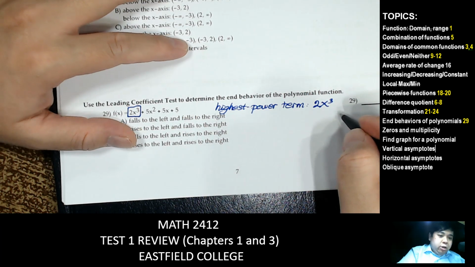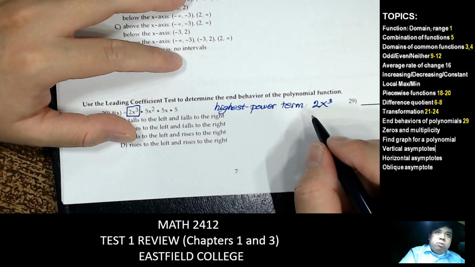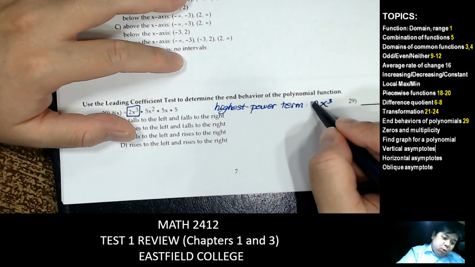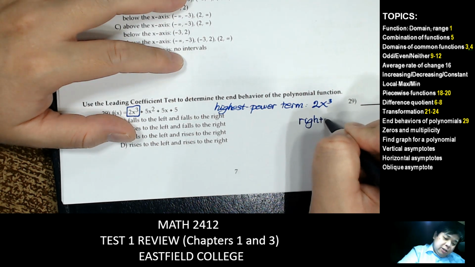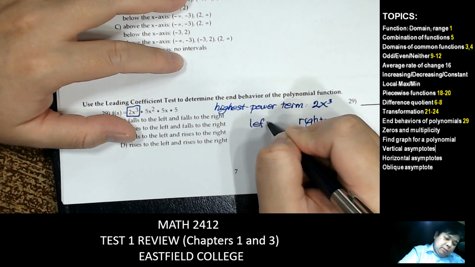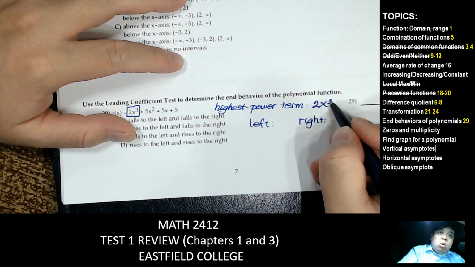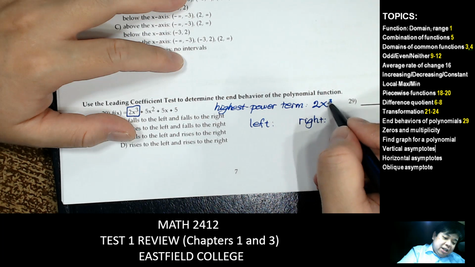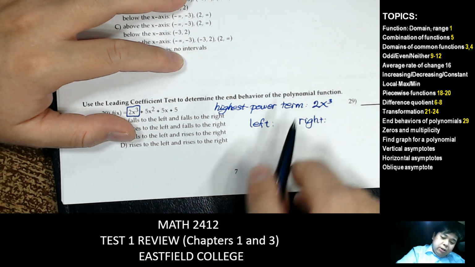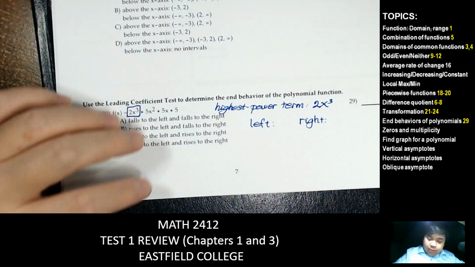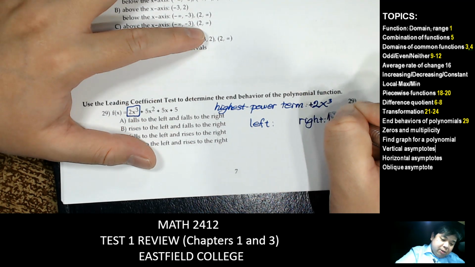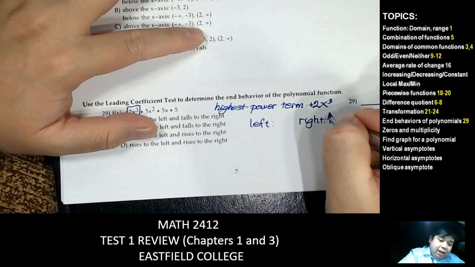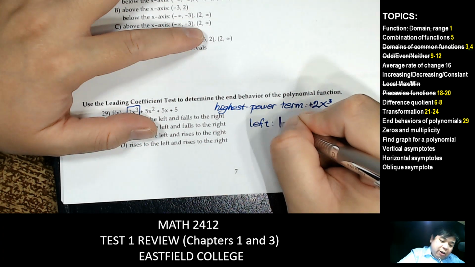This is a cube, meaning an odd, one up, one down, and it is positive. So the right, this is odd, so one up, one down, and this is positive 2. So it's positive 2. The right side is up, and because it's odd, one up, one down.